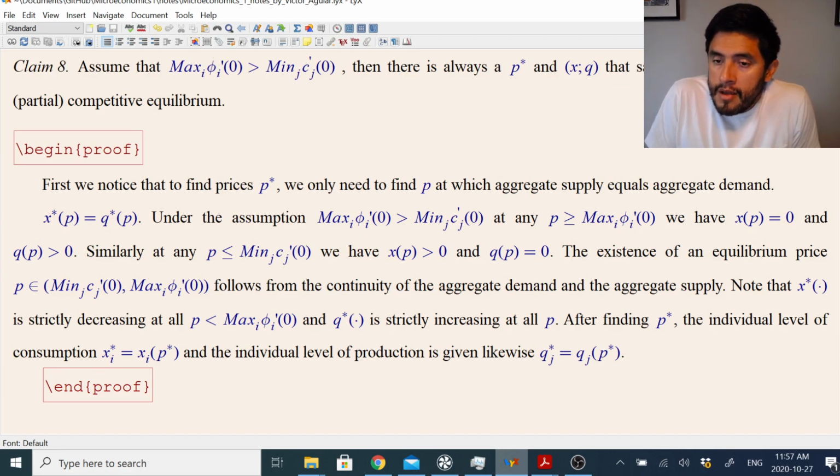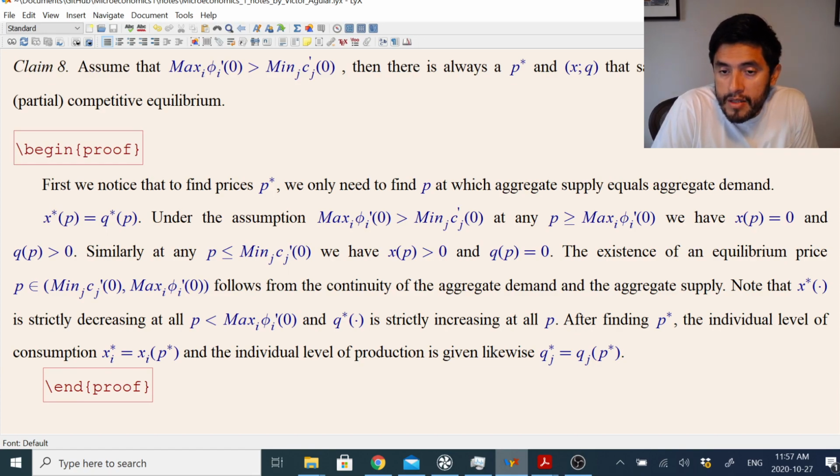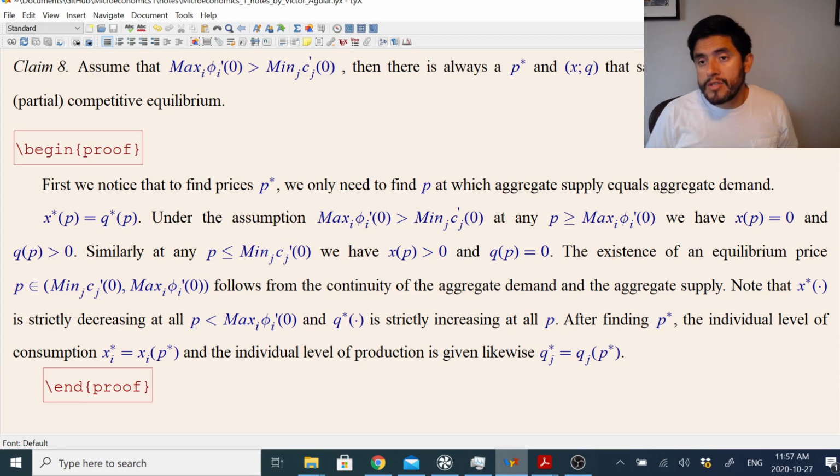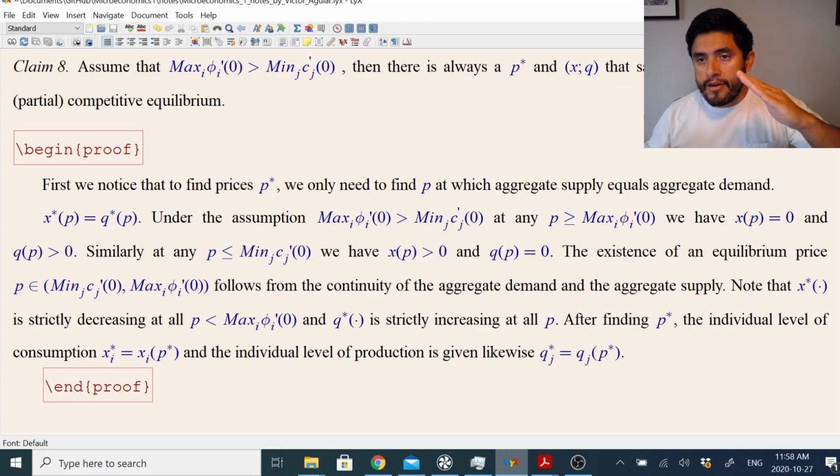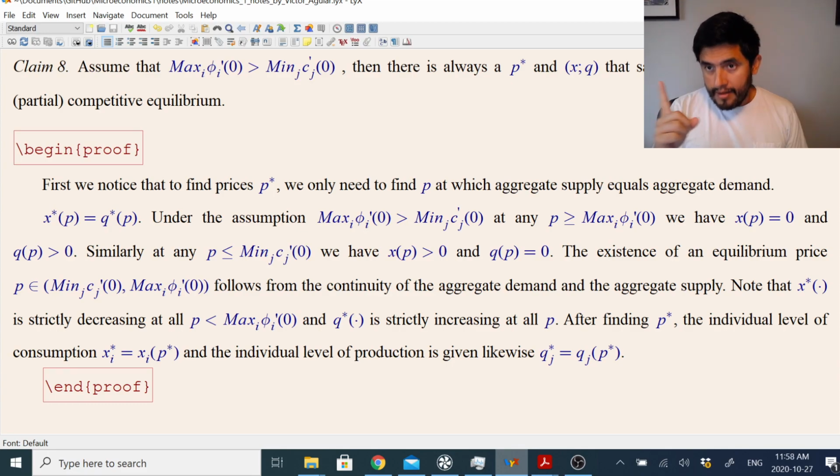So after finding a P star, the individual level of consumption is the demand function evaluated at the price that solves the problem, and the individual level of production is given likewise by Q star j. So what I'm telling you is that under these conditions, aggregate supply and aggregate demand cross at least one time. It doesn't mean there is uniqueness, by the way.